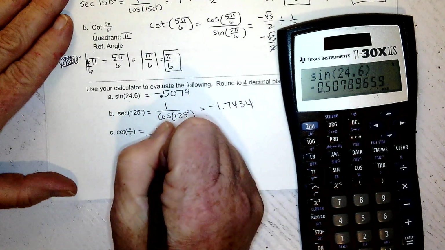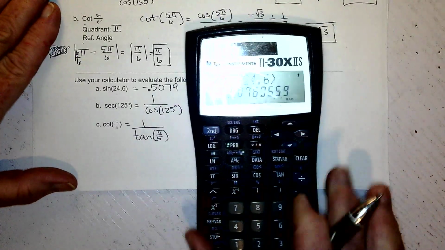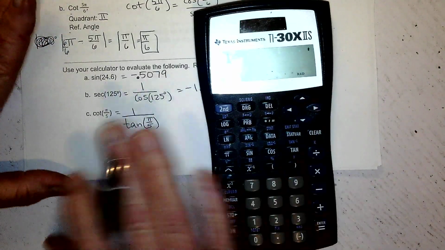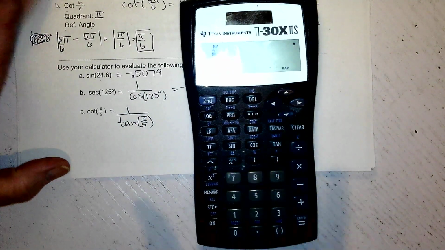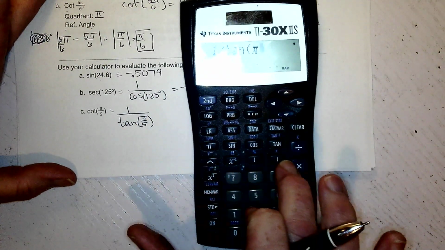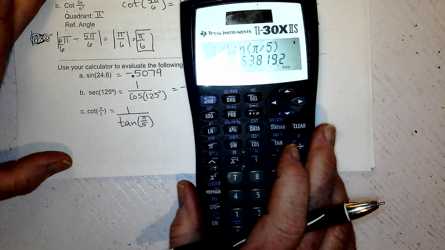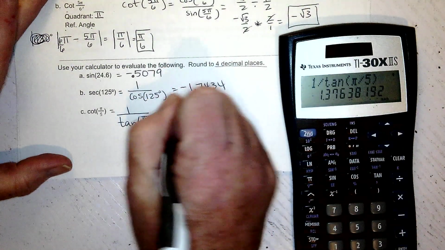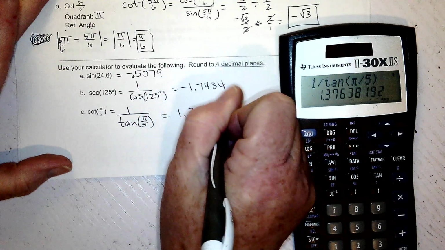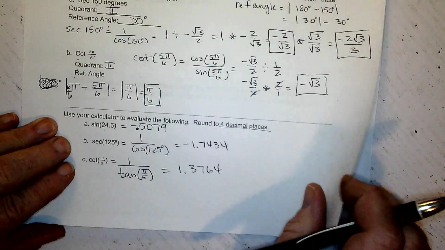Keep things simple. Of pi over 5. If your calculator's in radians, you're just going to throw in your pi's. You're good. So 1 divided by tangent, pi divided by 5 is 1.3764. And that is how you put it in your calculator. Please do not give me anything else. I will count it wrong on this next exam, because that was redonky-donk.